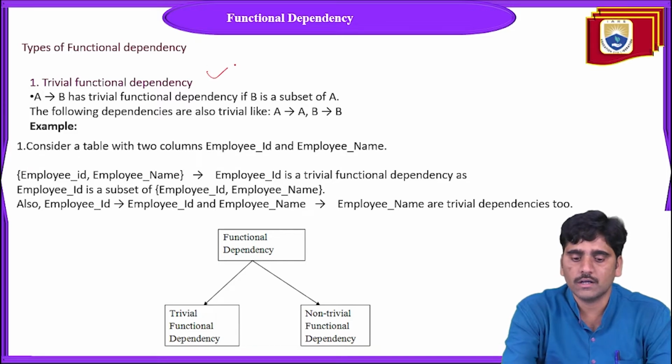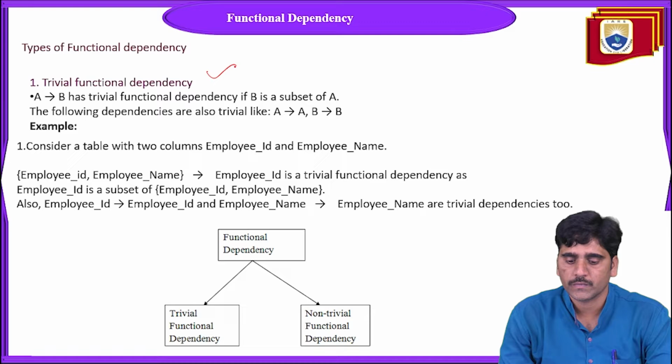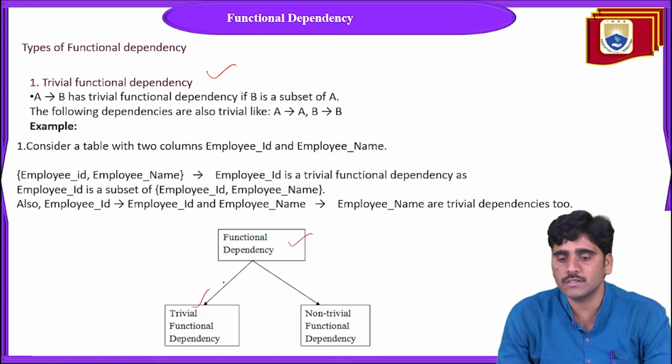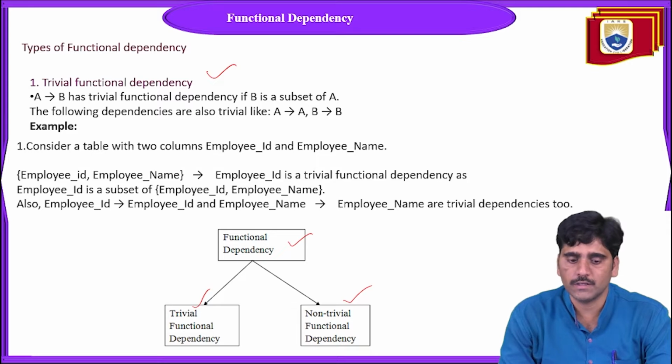Functional dependencies can be divided into two types. One is the trivial functional dependency and the second is the non-trivial functional dependency. Let's see what is meant by trivial functional dependency.